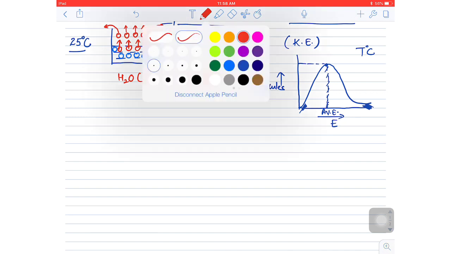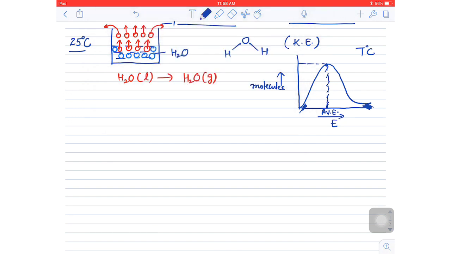Now if we take the same beaker with water in it, and we close this beaker, this is now a closed vessel, so nothing can move out of this.